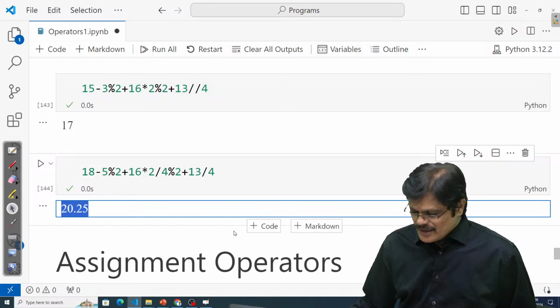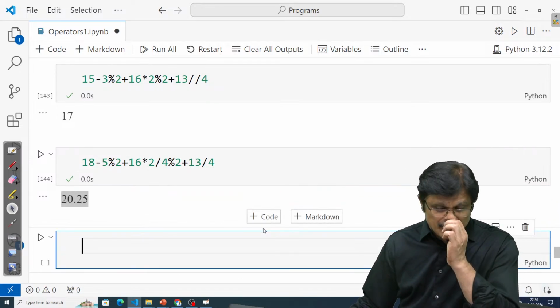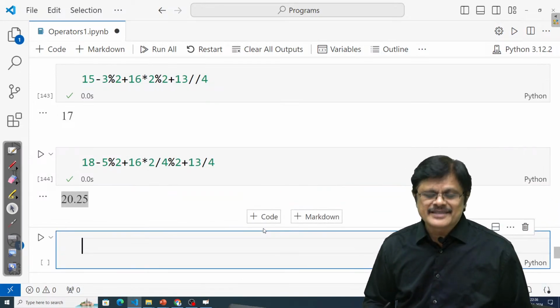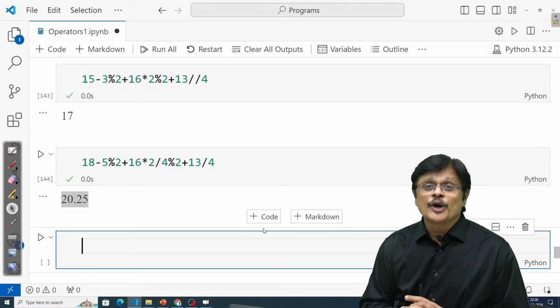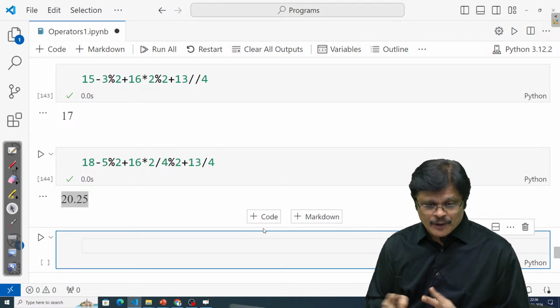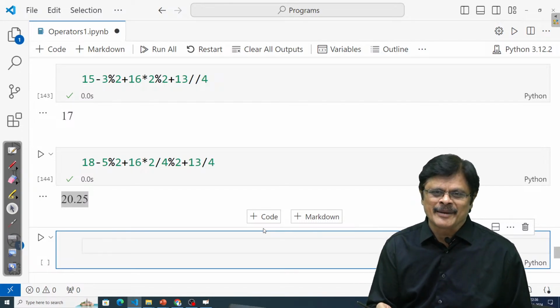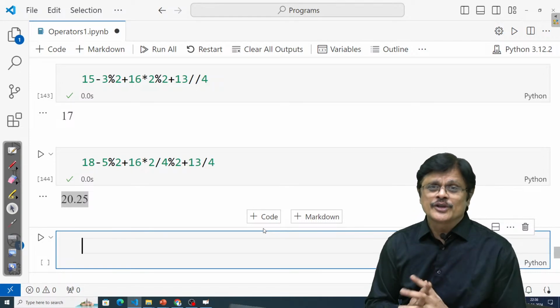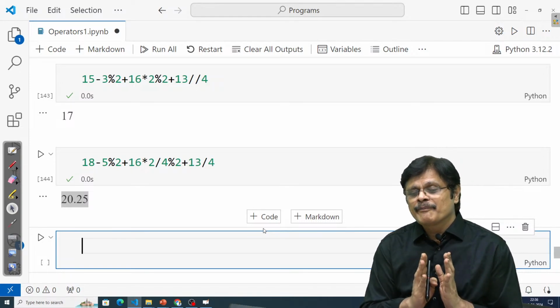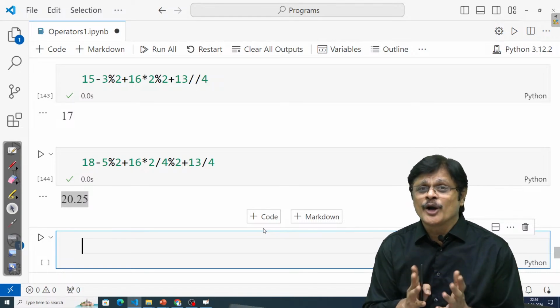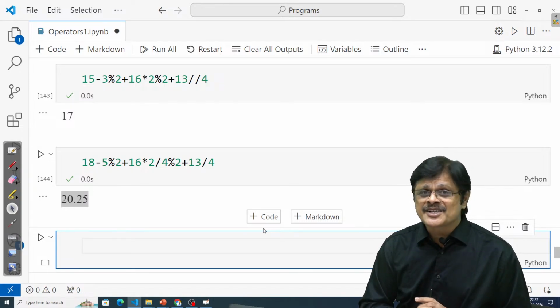One thing I want everyone to understand and remember properly is the modulus operator, before going to the last concept, the assignment operator. There is not much work on the assignment operator, we just need to understand it. So the modulus operator, I want you to remember and understand properly.